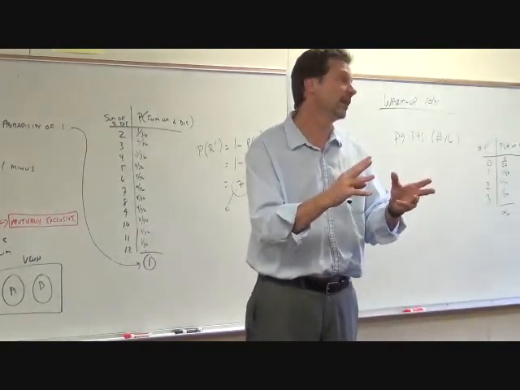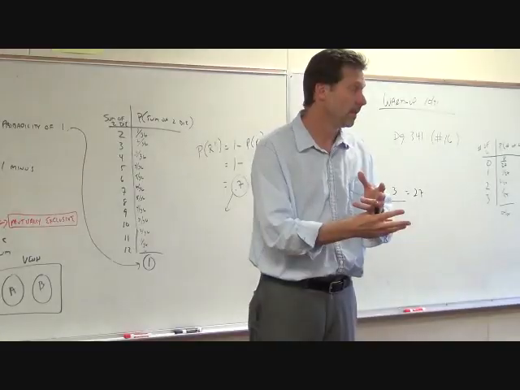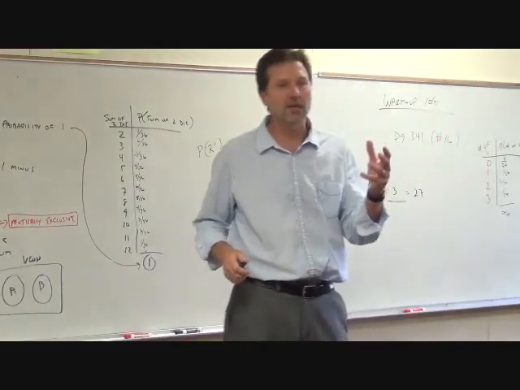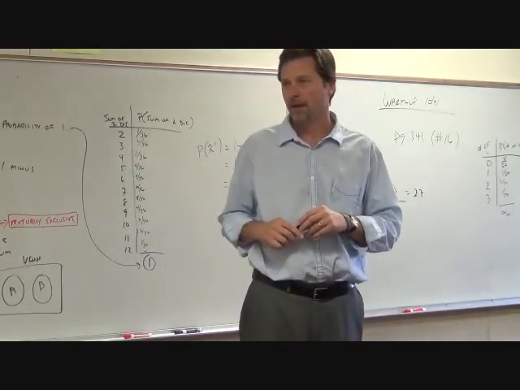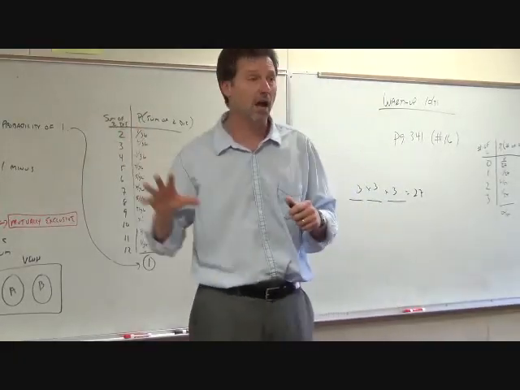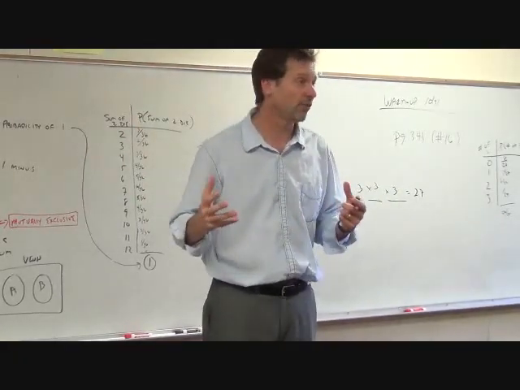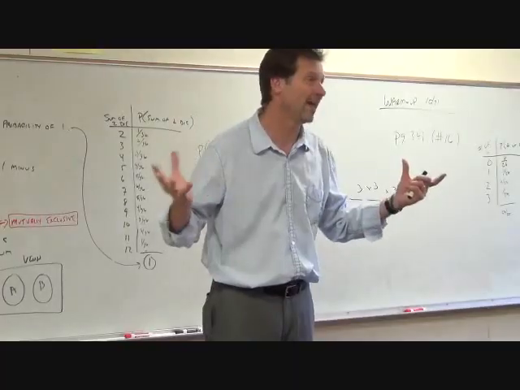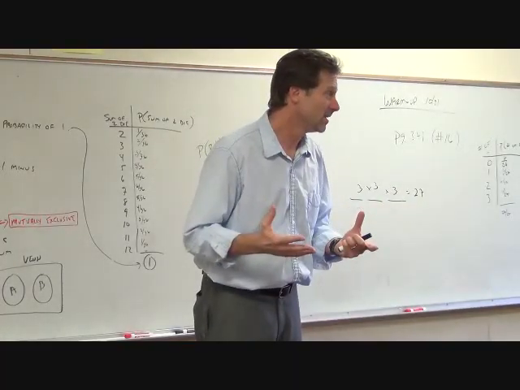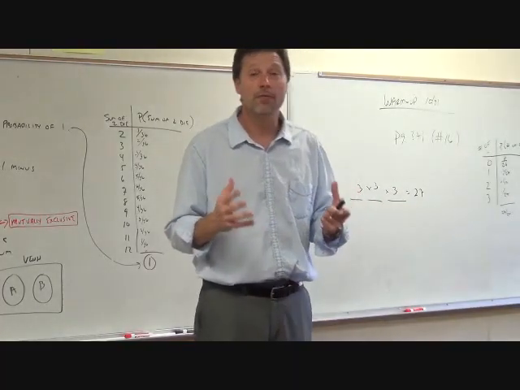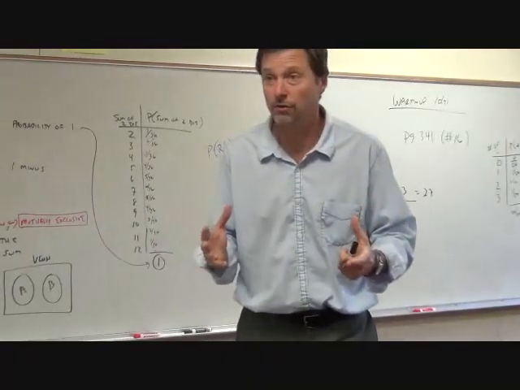Let me give you an example of events that are not mutually exclusive. What if I said one of the events is you love football, and another event is you love hot dogs? Is it possible that you could love both football and hot dogs at the same time? Sure, a person could love them both. Those are not mutually exclusive.